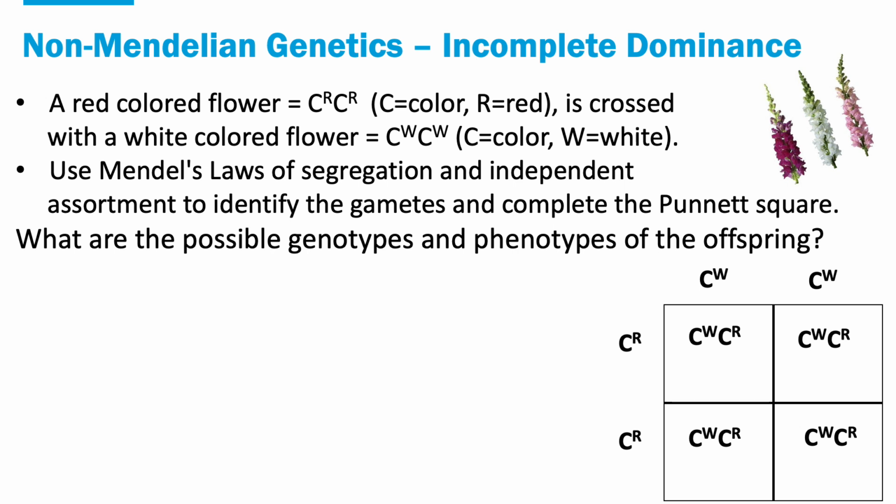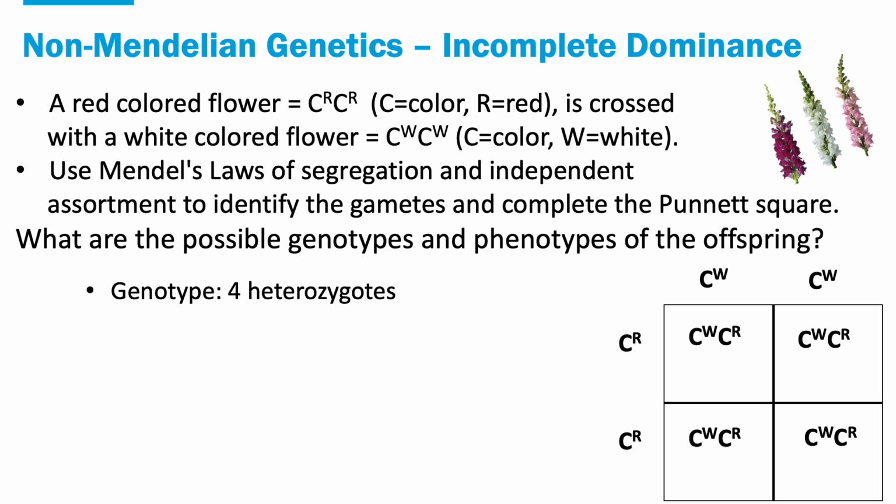As we take a look at this, we have our four flowers that are represented, all with a color of W for white and R for red. So we're looking at four heterozygous genotypes. Because we have the white and red together and one is not dominant over the other, we're going to get a blend of them.